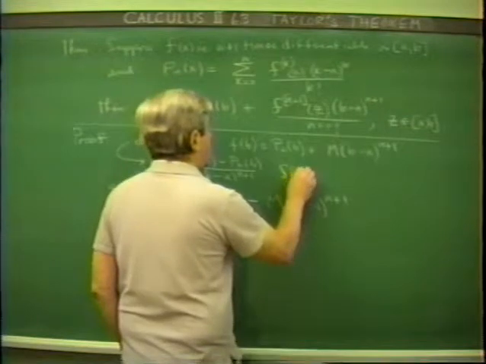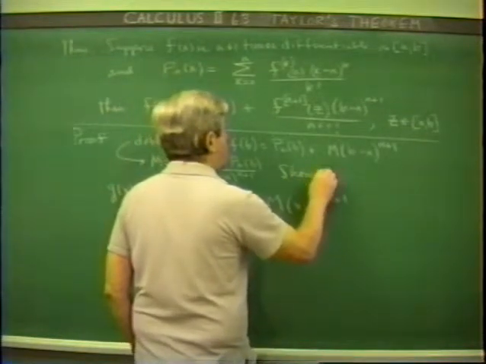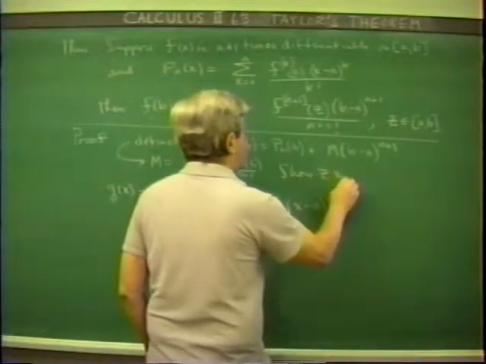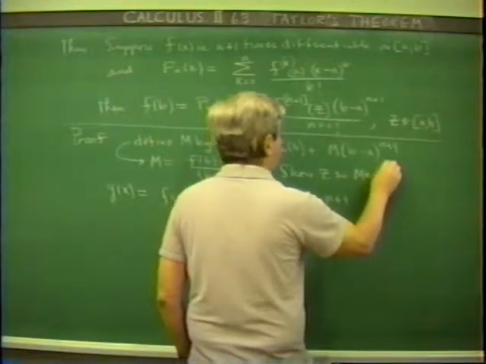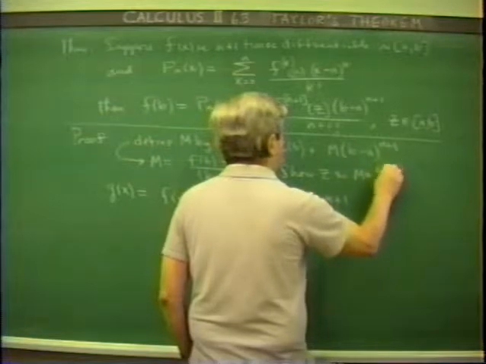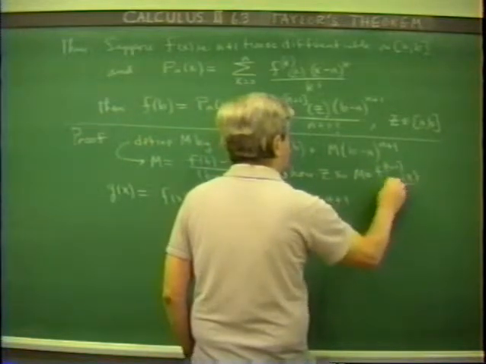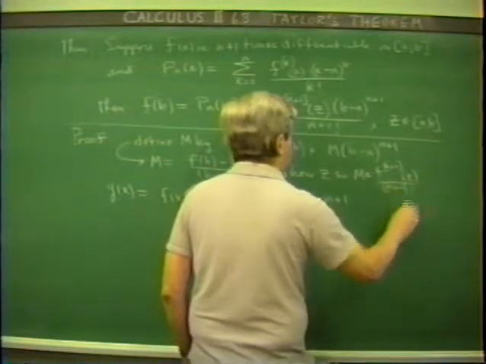We want to show that there is a z so that m is equal to the n plus first derivative of f at z divided by n plus 1 factorial.